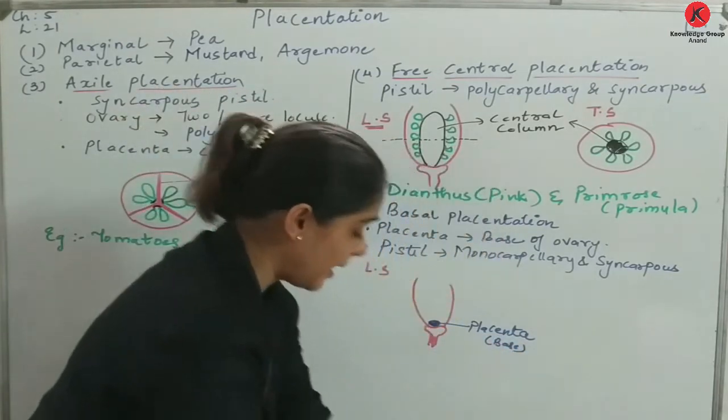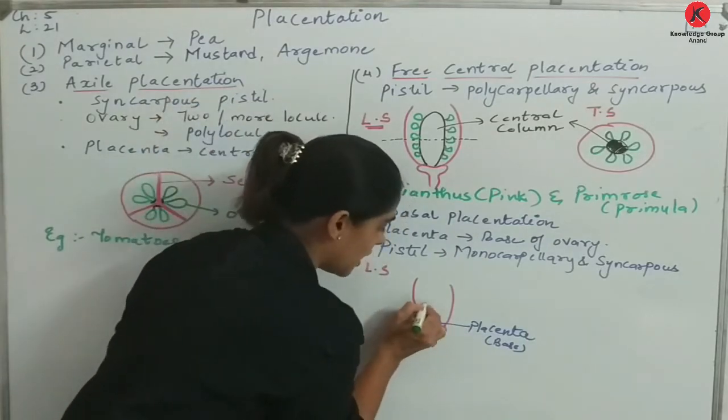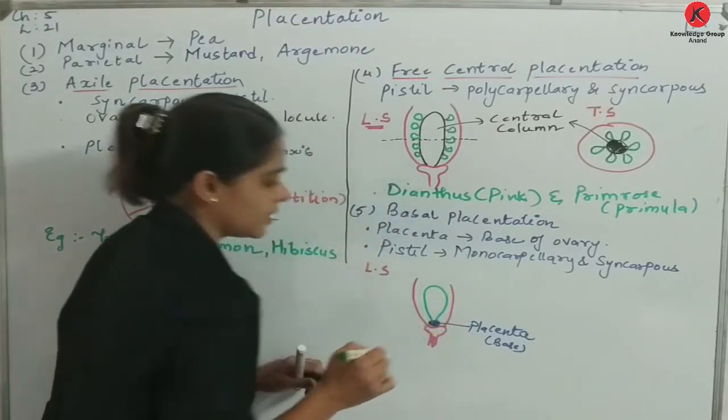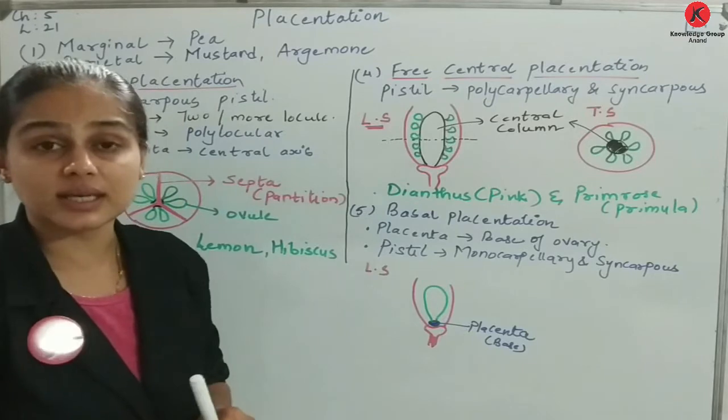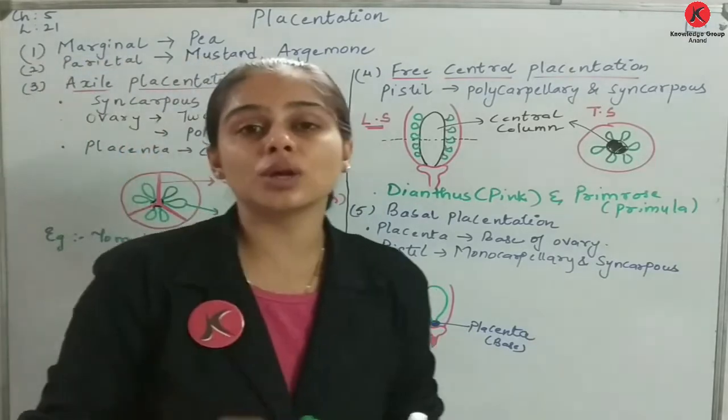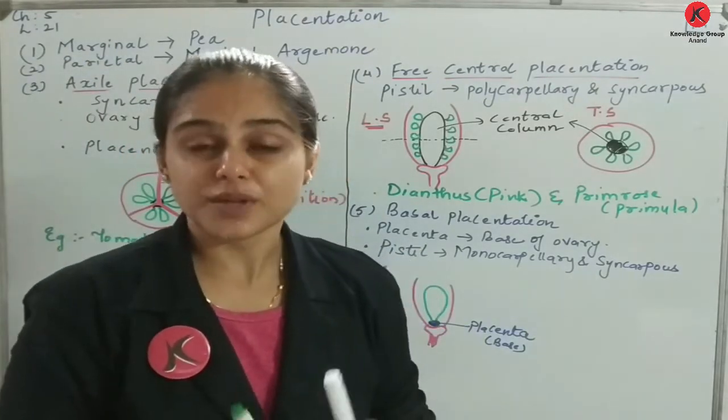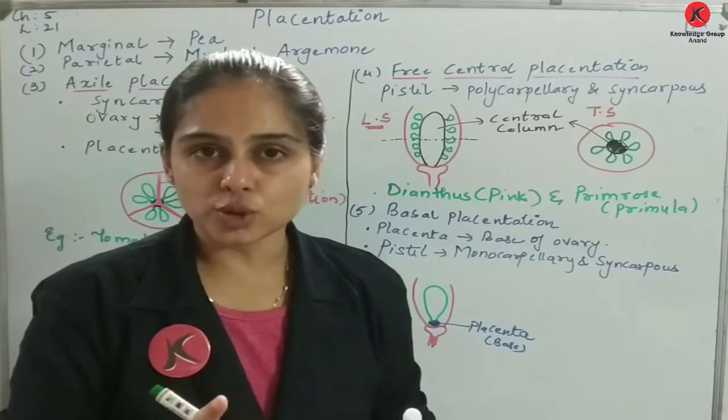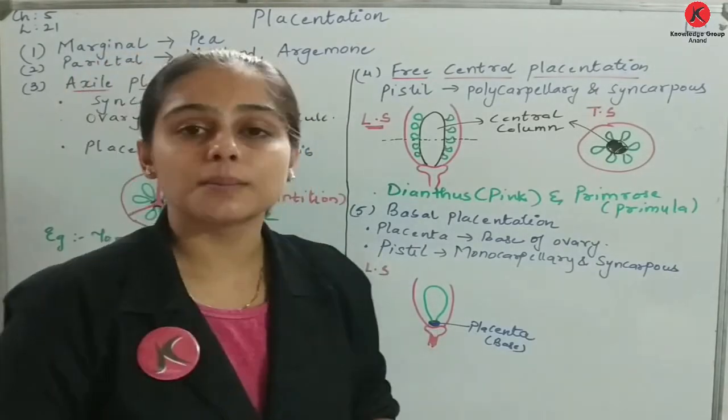Okay, and to this our ovule is attached. Mostly there is a single ovule attached to this. There is only one ovule attached to this placenta.